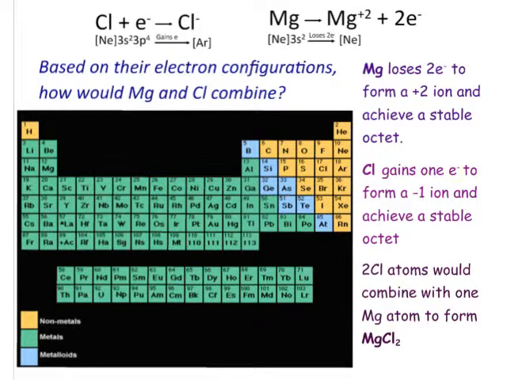That would satisfy both of the chlorine atoms and the magnesium atom. They would all achieve stable octets, and they would form magnesium chloride, 1 magnesium with 2 chlorine atoms. So that is one way to look at bonding in terms of electron configurations and the octet rule, and how atoms combine in order to bond.